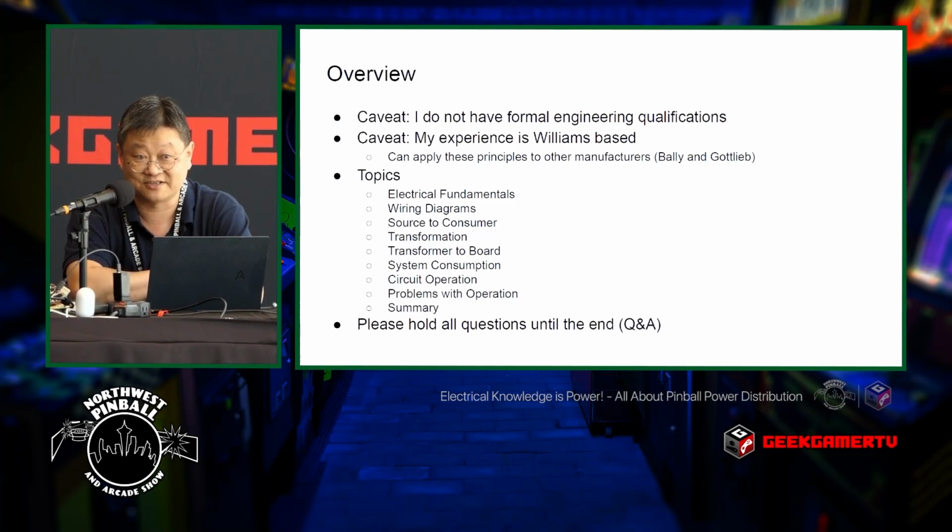System consumption is how the machine actually uses that electrical power. Circuit operation will be how some of it is actually processed. Problems with operation, what goes wrong, common scenarios, not uncommon ones, and then we'll finish with a summary. And as Chase said, please hold all questions until the end.